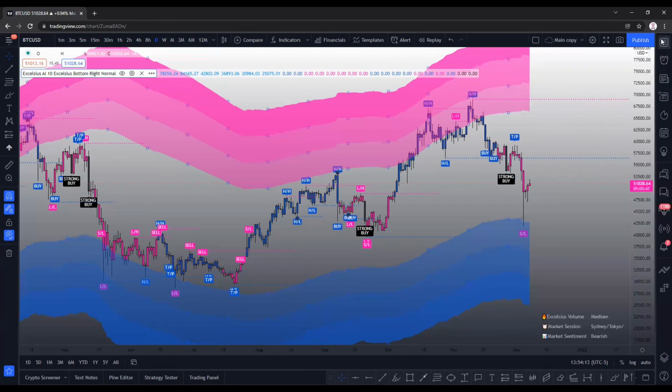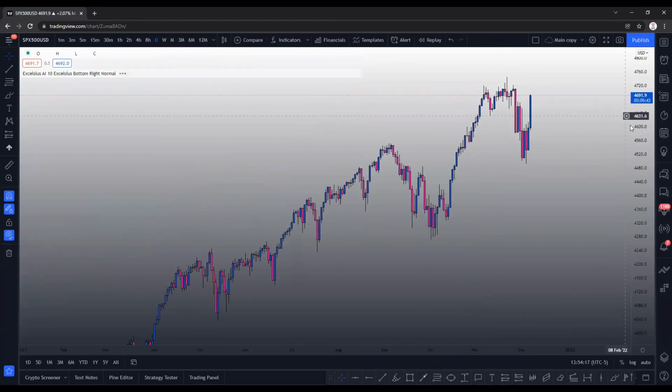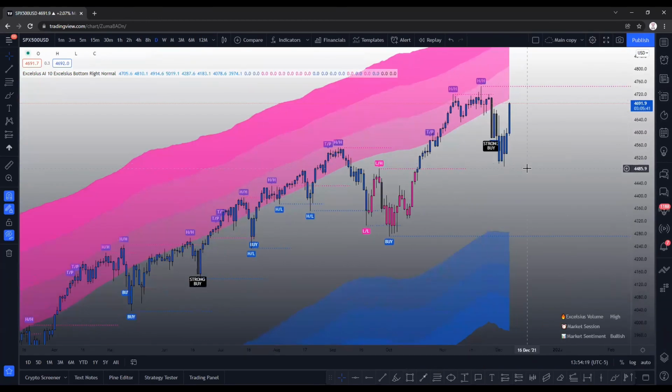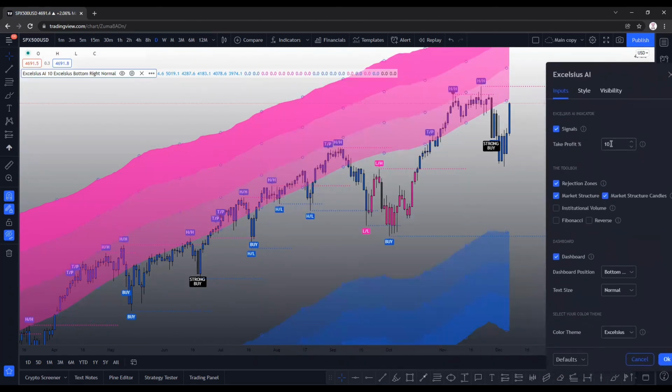Another prime example is the index space. The index space is an incredibly volatile space, especially in this time. What a buy by Excelsius, buy. But the index space is an incredibly aggressive space, mainly for the fact of all that is currently happening with regards to the world, especially in the last 2 years.